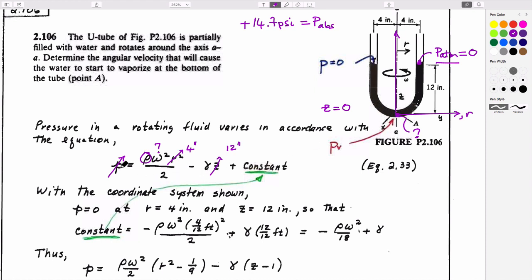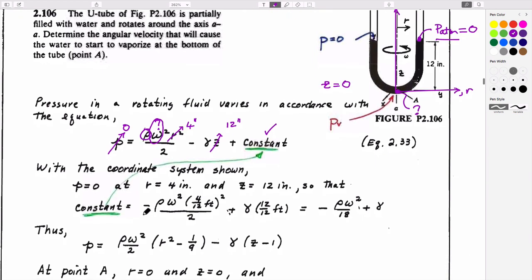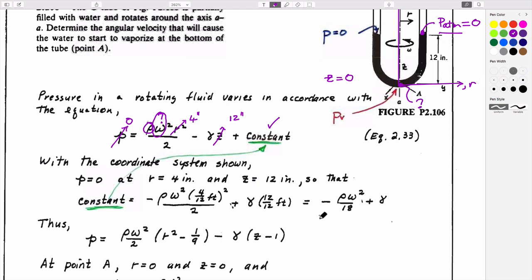So if we know that, we can write this is equal to 0. So we can define this constant as a function of the rotation speed. And if you do that, it turns out to be this magnitude here. Now, if you know what this constant is, you could resubstitute this term back into this expression.